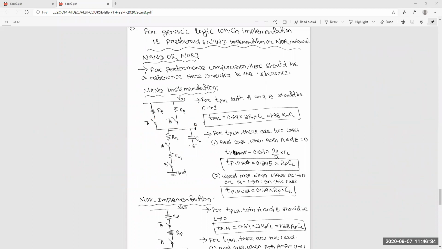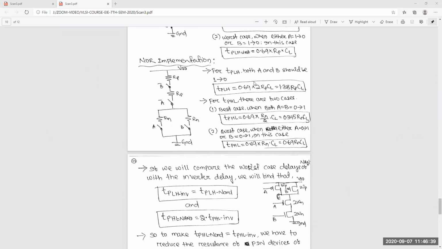Similarly, the same thing we can do for NOR gate also. In NOR gate, when these two will be on, then we get low to high, because when these two are on, VDD will come to the output.